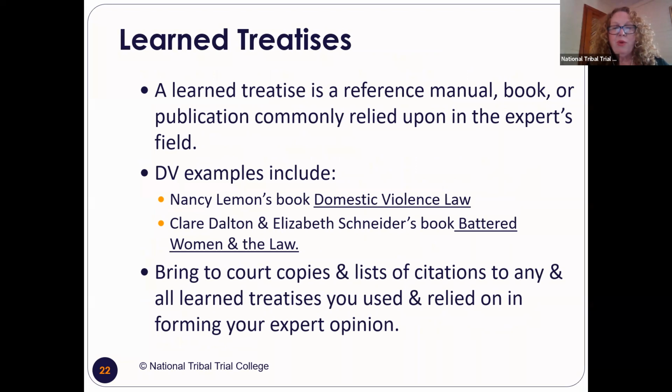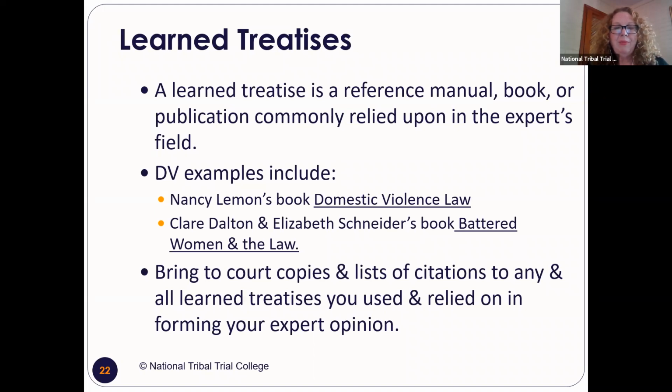Other things that your expert witness can say she relied upon in forming her opinion are learned treatises. So these are like textbooks. One of the things you could do is, if you find really cool articles that you use in your work, print out hard copies or get electronic copies and put them in a file.